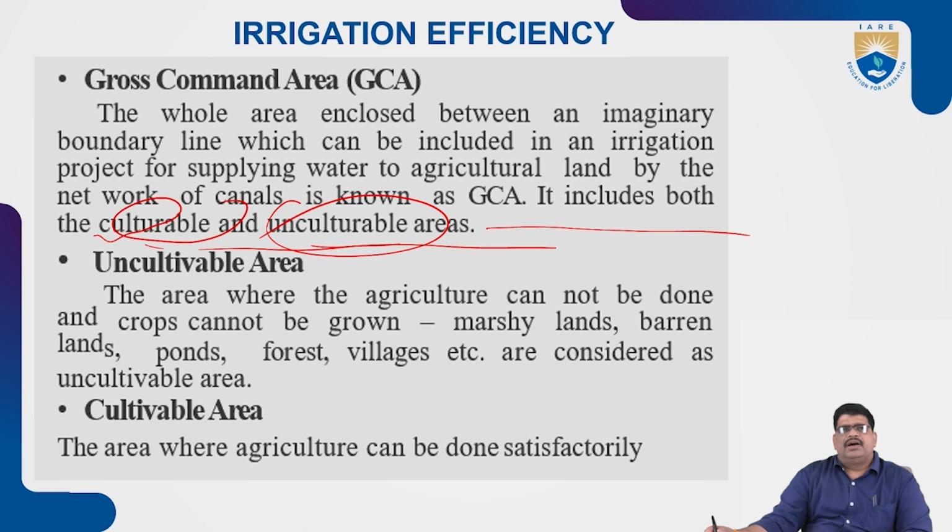Next, uncultivable area. Uncultivable area is the area where agriculture cannot be done and crops cannot be grown.